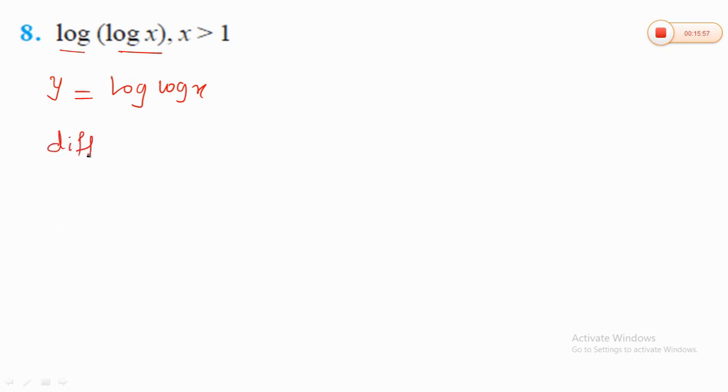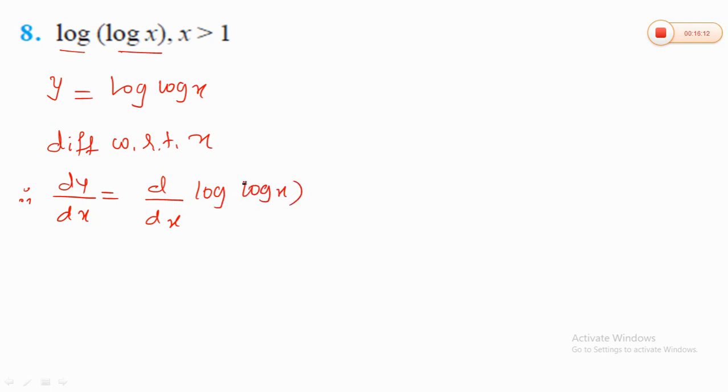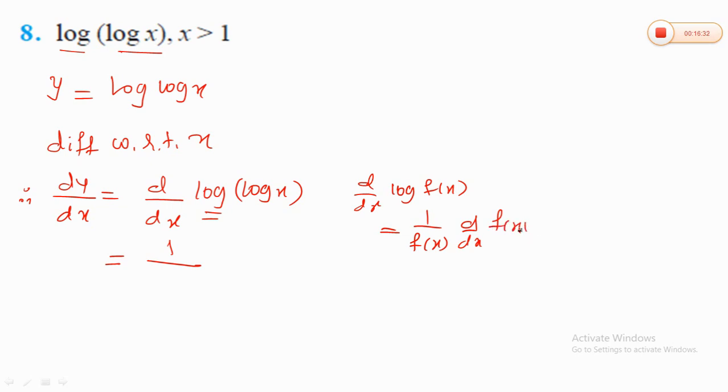Differentiate with respect to x, dy upon dx equal to dy by dx of log of log x. First we come across this log, that is, the derivative of log f(x) is 1 upon f(x) times dy by dx of f(x).